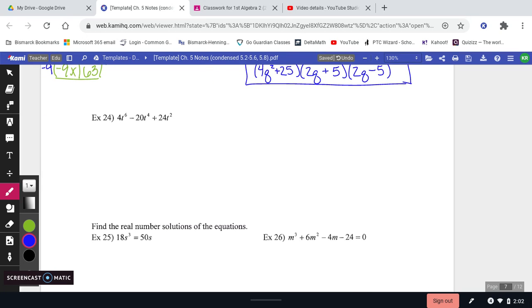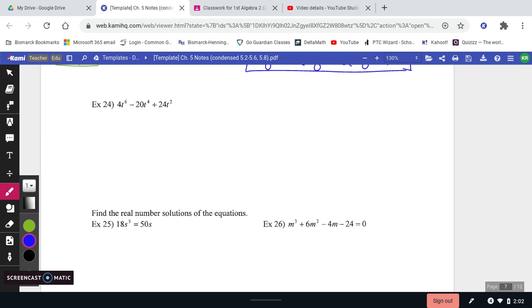Okay, number 24. Again, look for that common monomial. So I know I can take out a t squared. Everybody has at least a t squared and at least a 2 because everything's even. But if I look, well, 20 and 24, actually I can take out a 4. So I'm going to go 4t squared, and then let's see what's left.